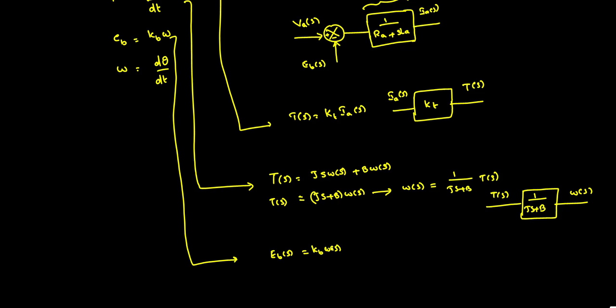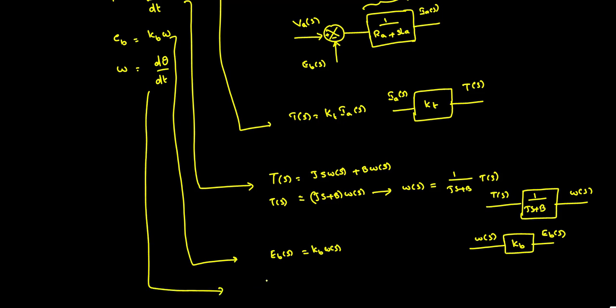When you give omega of s as the input and multiply with KB, you get EB of s as the output. That is how you get it. And finally, one more thing is there, omega.